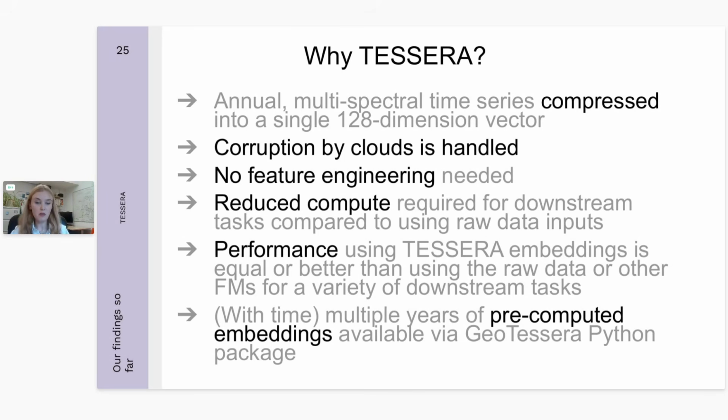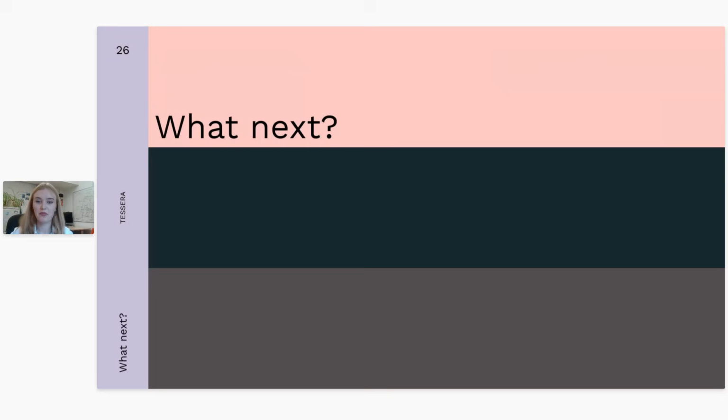Besides that, we're seeing the performance using Tessera is matching or beating other methods. And finally, big picture, we're working to pre-compute embeddings globally, which are becoming available via our GeoTessera Python package, which you can use by just putting in your region of interest, your geometry, to make effective. And I hope you'll try that out.